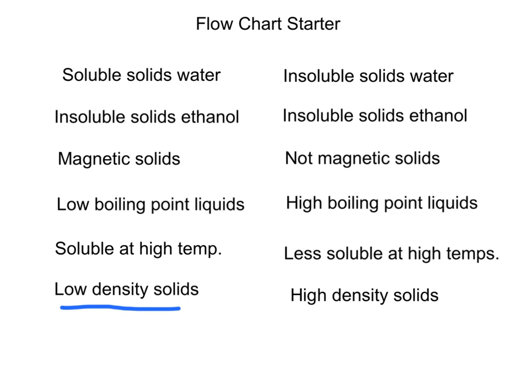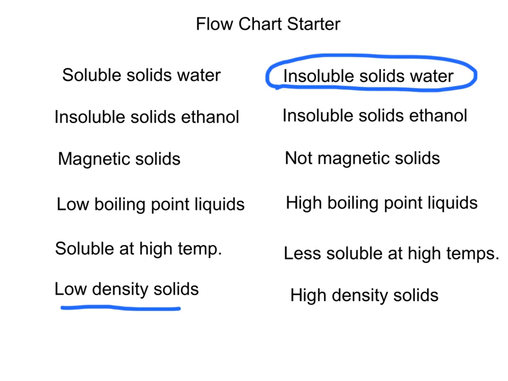So instead of saying sand, what would sand be? Sand would be an insoluble solid dissolved in water. This thing here. And so on. So substitute those names into that original flowchart and you'll get an idea of what you need to do for this one.